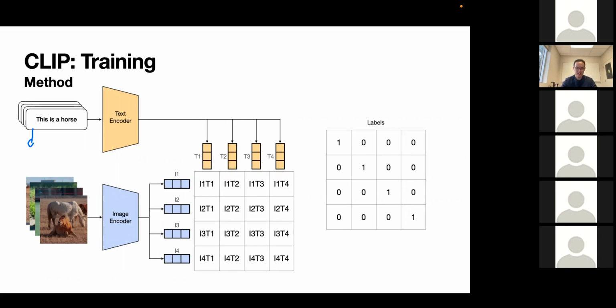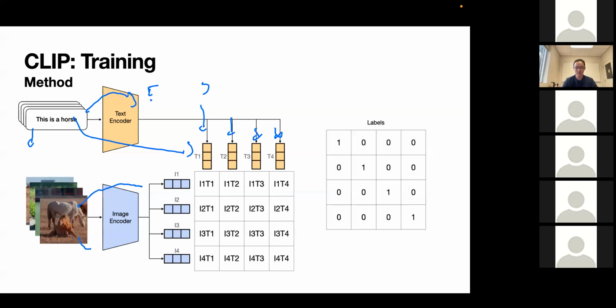The text goes into the text encoder and forms 4 vectors, and each vector represents 1 sentence. T1 represents this is a horse, T2 is this is a bird, and so on, T1, T2, T3, and T4.